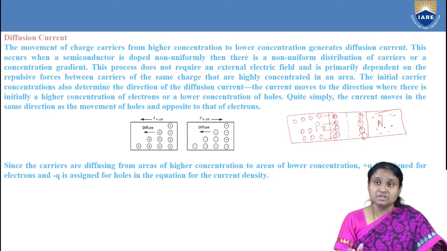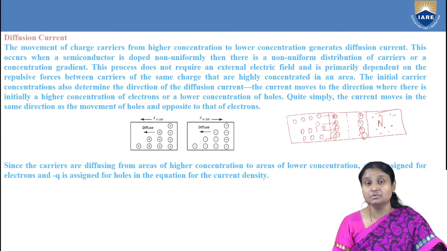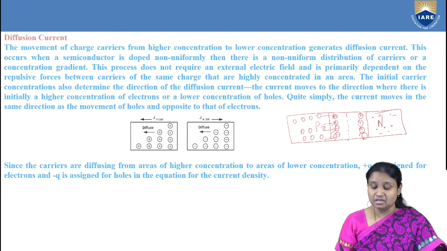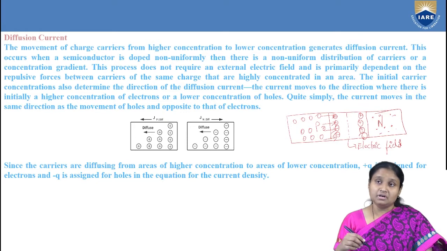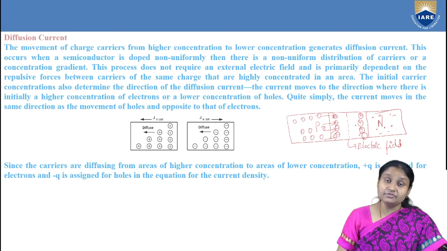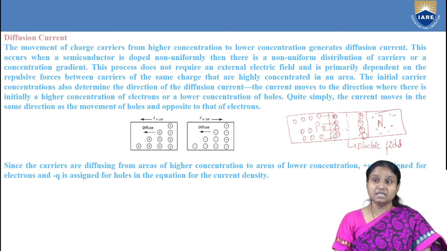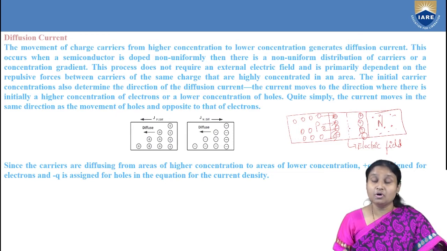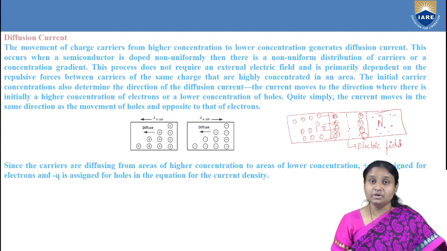This separation of positive and negative ions generates an electric field. Because of this electric field, diffusion of charge carriers will stop.